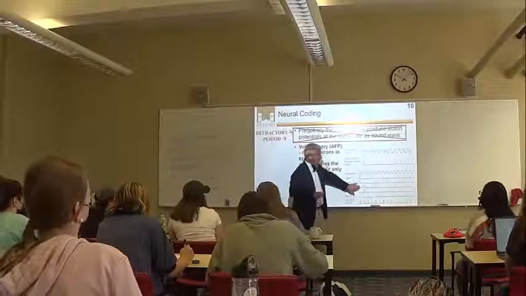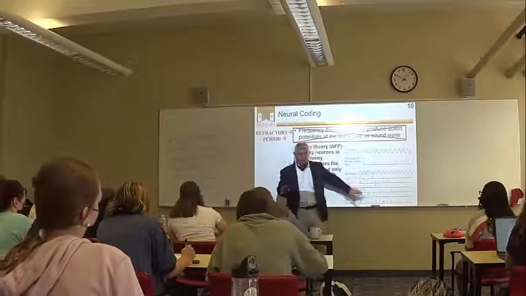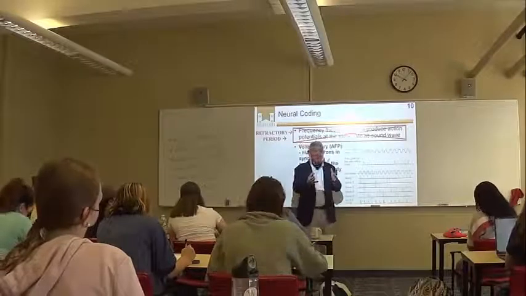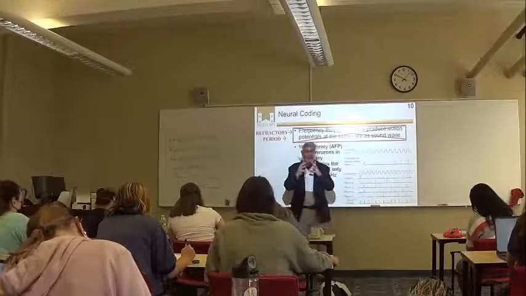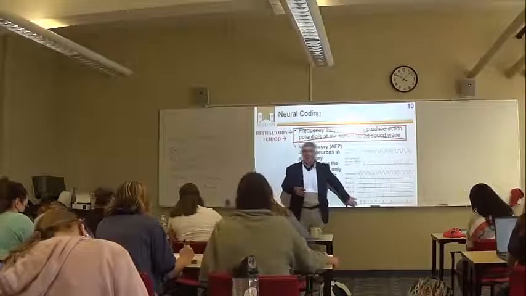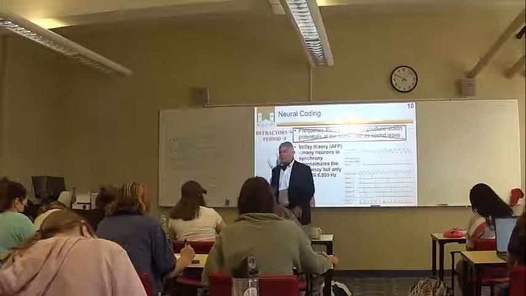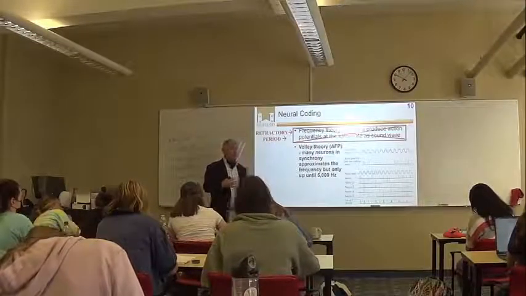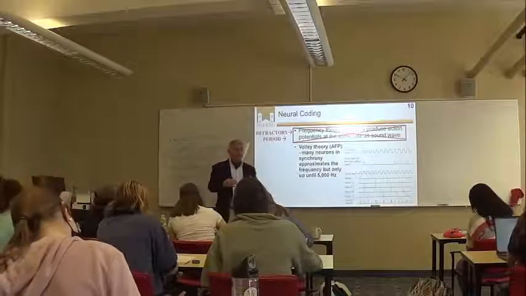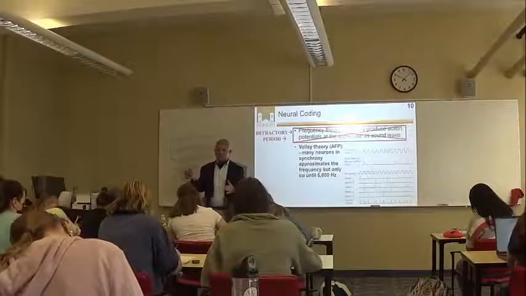So no one neuron can fire that many times, but if we have a couple hundred neurons that are all firing at the peak, the activity of that group of neurons can match up and represent that hertz. We can do that up to about 5,000 hertz, and after 5,000 hertz, it's too fast to do that.